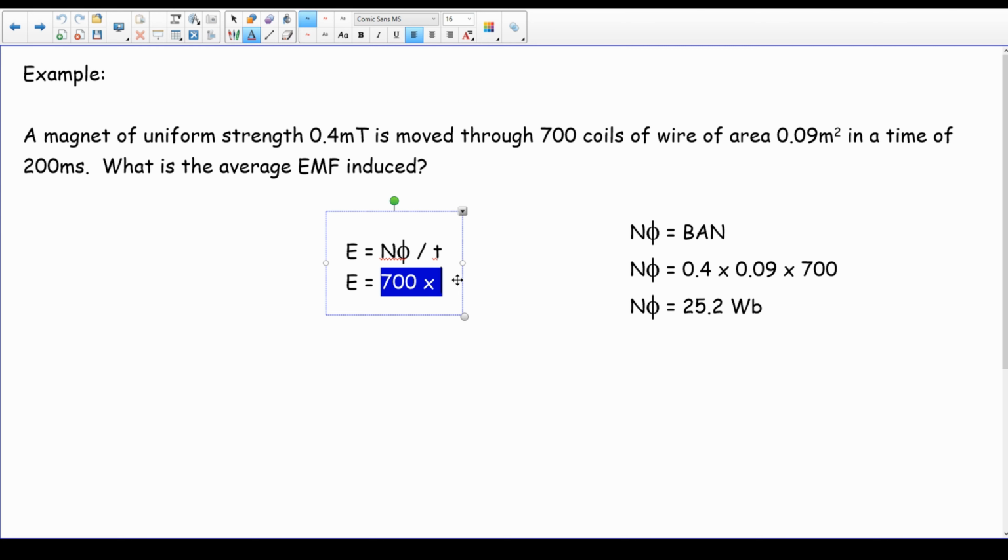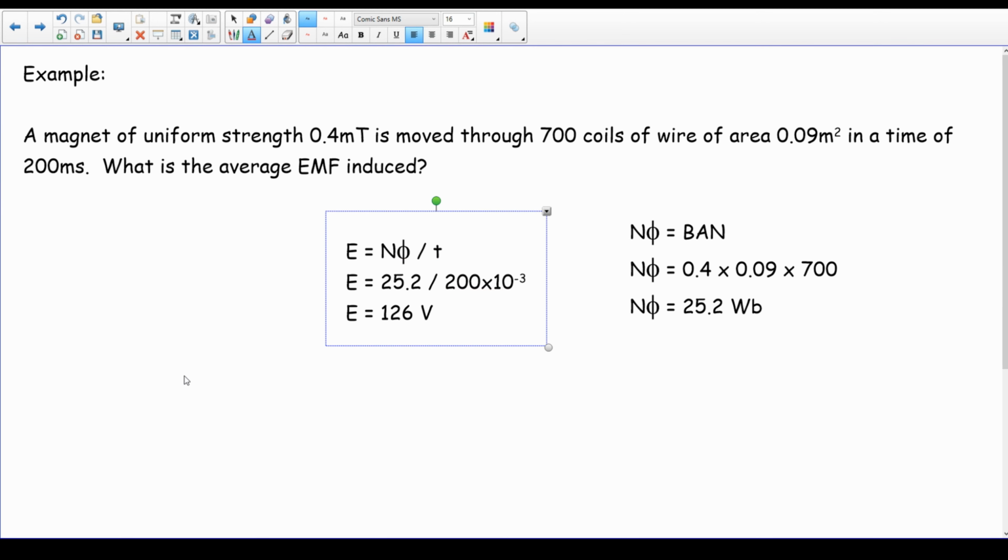So we can remove our 700 here and replace it with 25.2, divided by our time interval, which was 200 milliseconds, so that's 200 times 10 to the power of -3. Putting that all into our calculator yields a final EMF of 126 volts.